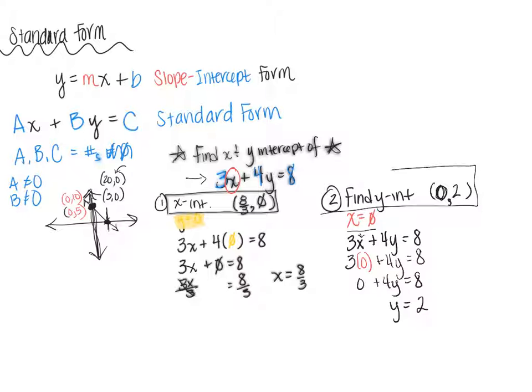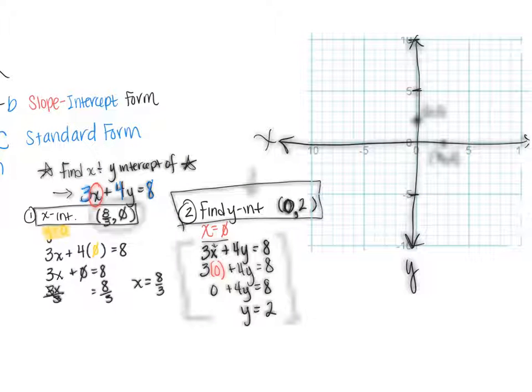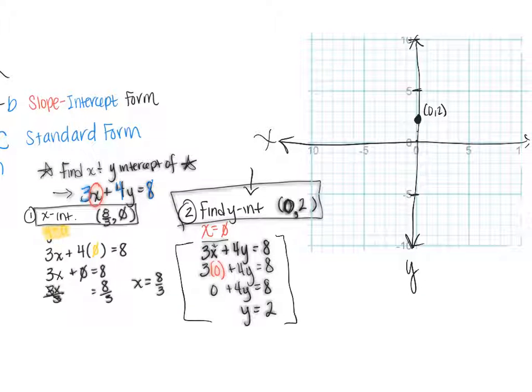All right, so if I look at graphing this now, so now that I have my graph, I'm going to plot my y-intercept first. That one's a little bit easier. So I'm going to start at my origin. My x is 0, and I'm going to go up to 2. I'm plotting this point right here, which I found by plugging 0 in for x into my equation. So I plot my y-intercept at 0, 2.